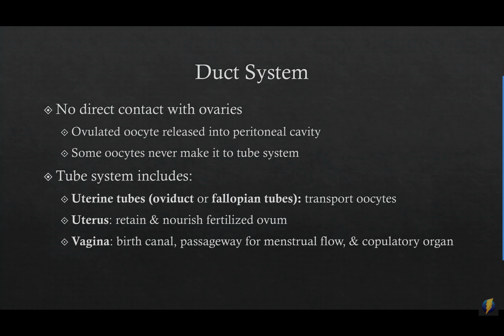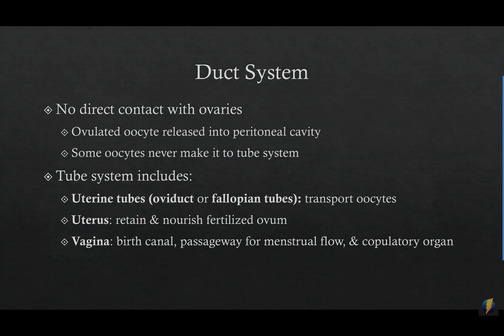But in the female system, the duct system actually doesn't directly come in contact with the ovaries. And in fact, sometimes when an oocyte ovulates, it actually just gets spit into the abdominal cavity and doesn't get picked up by the duct system, and so never actually makes it into the uterine tubes.